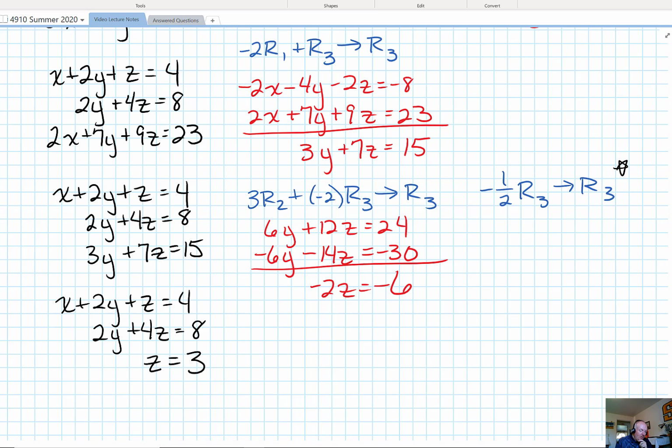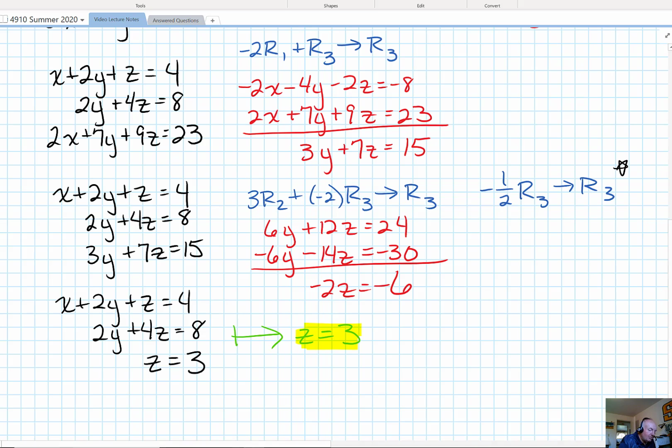Once I get a single variable in the bottom, 2 variables in the second, 3 variables in the top, I can solve it, because I start at the bottom. Oh, z equals 3. I don't even have to do anything. If I had even used that equation, I could solve for z and still get z equals 3. So I want to keep track of that. That's the z part of my solution.